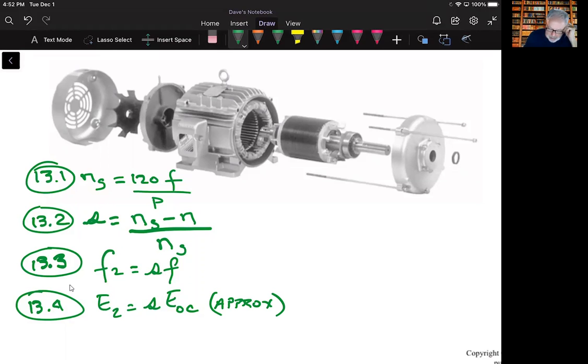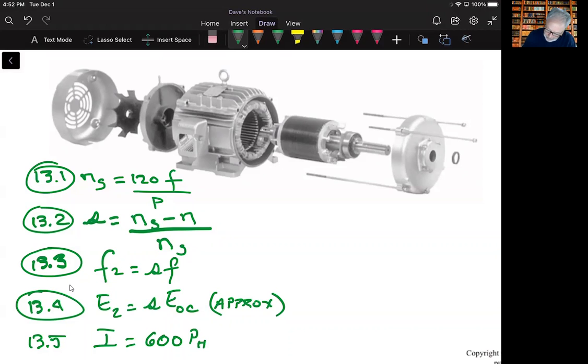So we've got 4 equations, and like I was telling you, there are 5 equations. I'll find the 5th one while I'm here. 13.5 is the full load current estimation formula, and I'll write that down here.